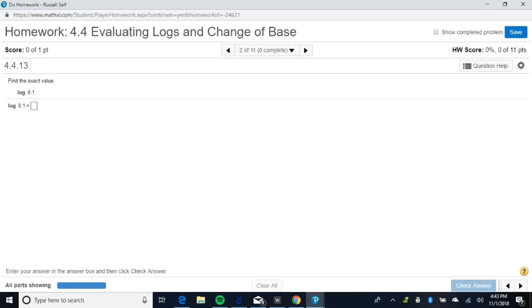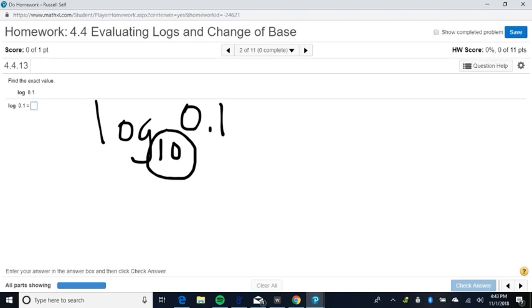So the next one, we have log, no base, of 0.1. Okay? Well, that means we have a base of 10. If you don't see a base there, you assume it to be 10, right?